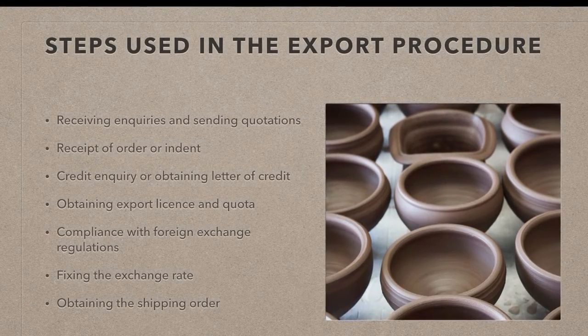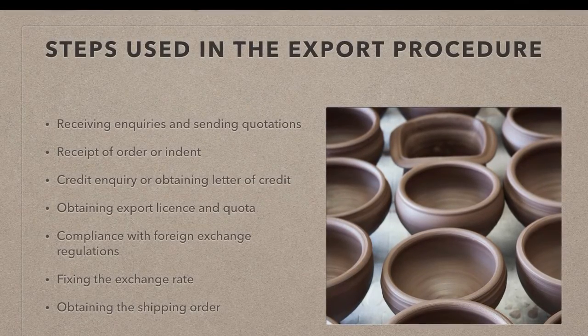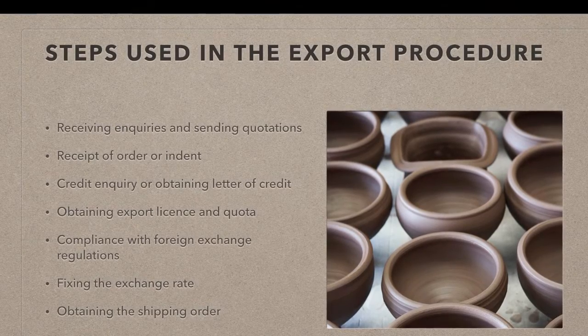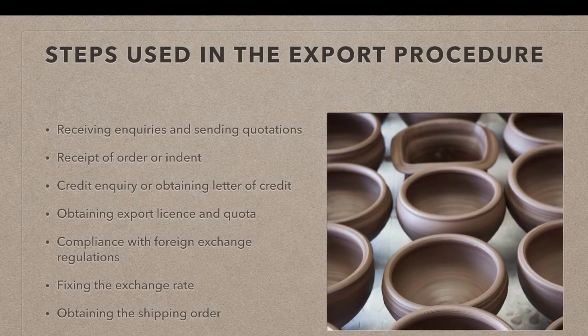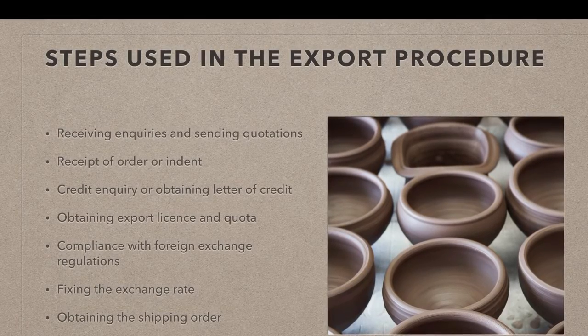The next step is to obtain export license and quota. In order to export certain items, an export license is necessary, but it is not necessary for all kinds of goods.